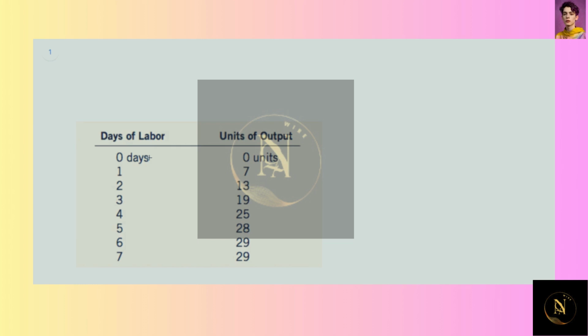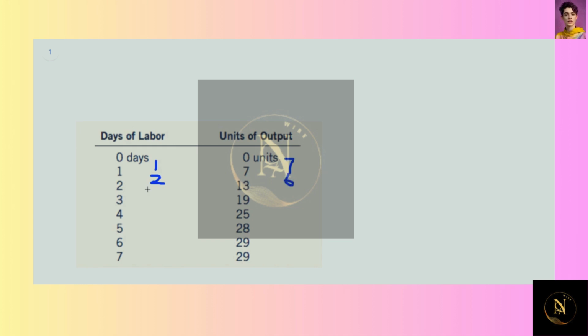So from day 0 to day 1, they hire this one more labor, which produced 7 units of output. So the marginal product for this first labor is 7. From day 1 to day 2, this second labor produced 6 extra units because 13 minus 7 is 6.